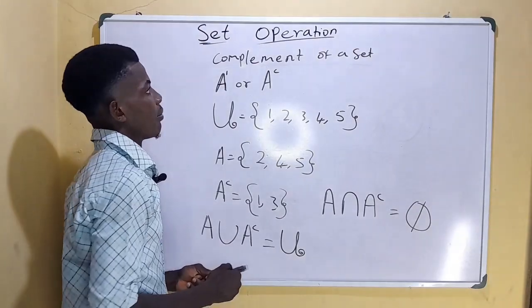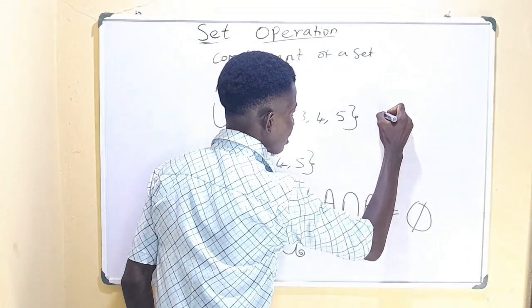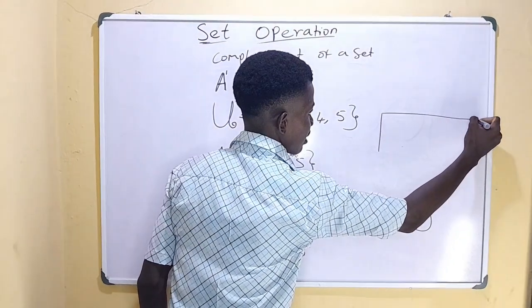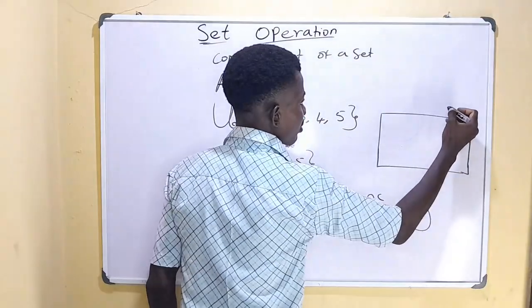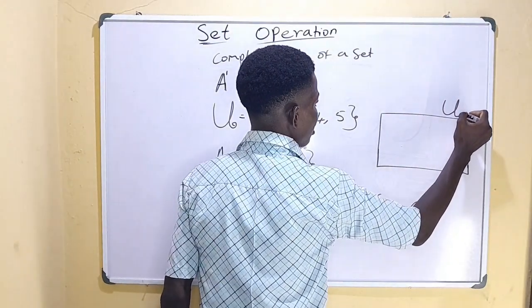The Venn diagram of a complement of a set is drawn like this. Let's draw the Venn diagram. Now here is the universal set.